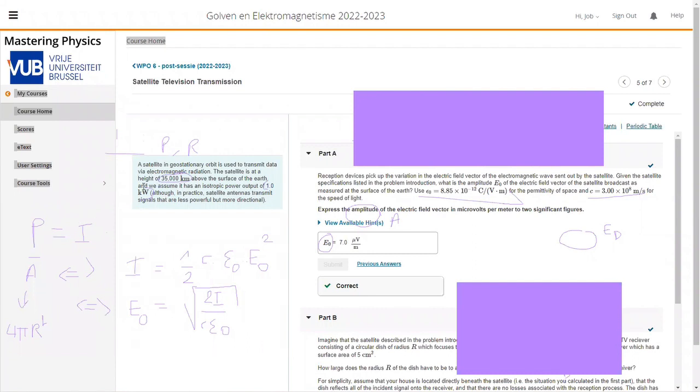So what I did here is I took my array of 35 million kilometers, and I also found that my power was equal to 1.0 kilowatts. Everything that I see as good information or numbers, I write it here or on my paper.